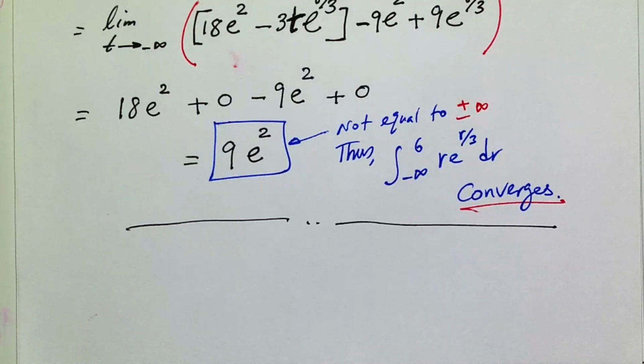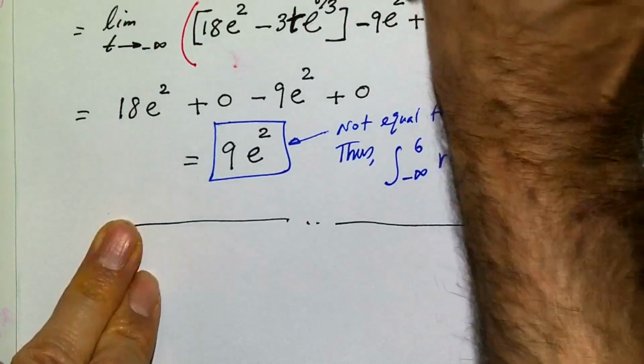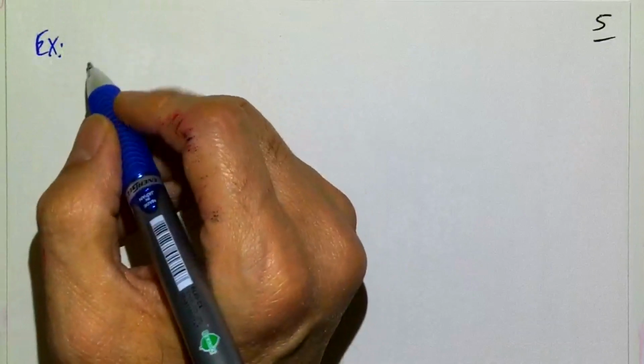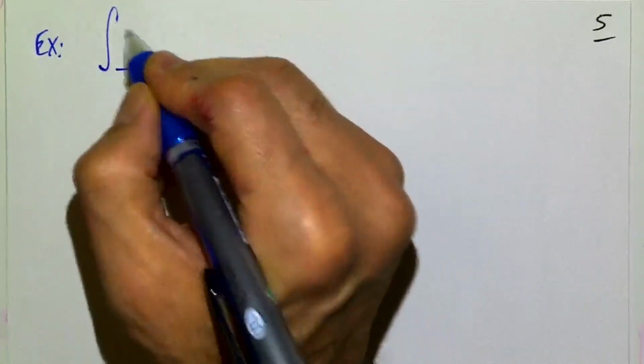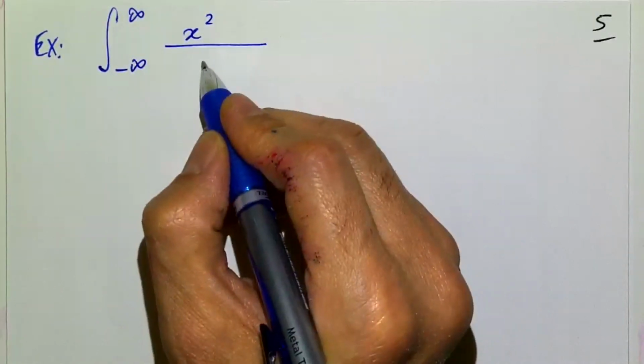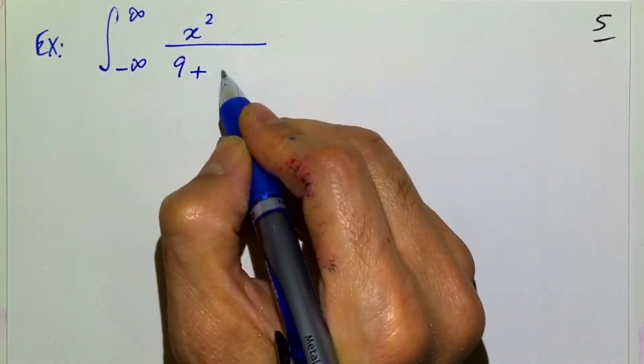Okay, so let's do another example. Suppose we want to determine if this integral from negative infinity to infinity diverges or converges.